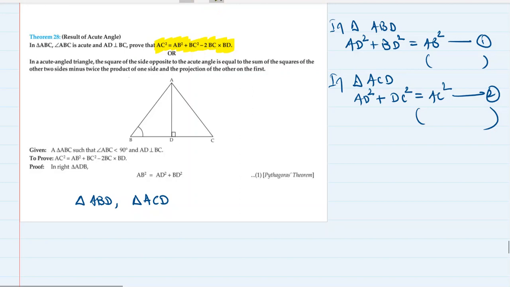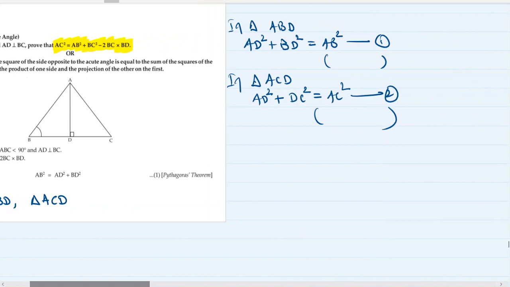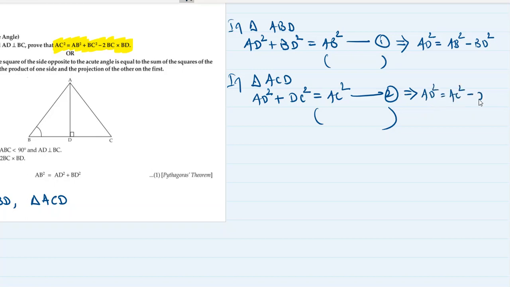So this is the next important technique I'm going to teach you. In the statement which you have to prove, if you don't find any term, that means you need to eliminate that term. From equation 1 we can say that the value of AD square is AB square minus BD square, and from equation 2 the value of AD square is AC square minus DC square.